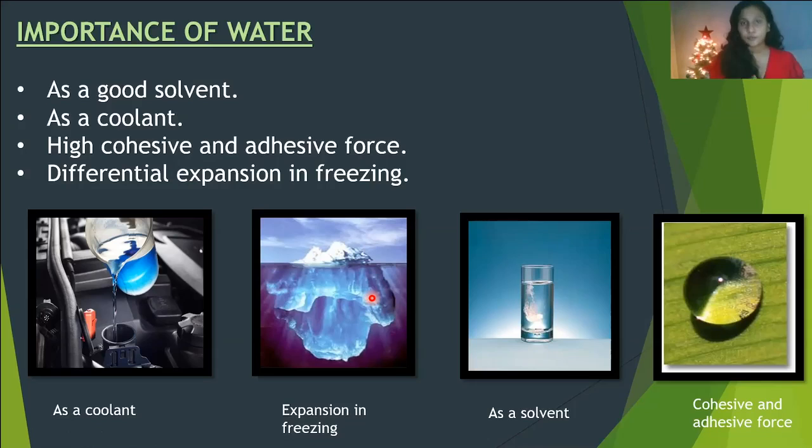Aquatic flora and fauna, all these animals and plants are surviving under the water because the water forms a kind of thick ice layer on its surface, and water remains in the liquid form at the bottom, right? So it is really helpful for aquatic flora and fauna to live under the water, right?